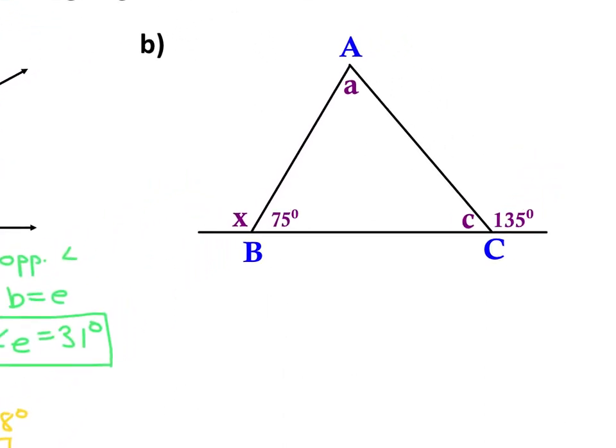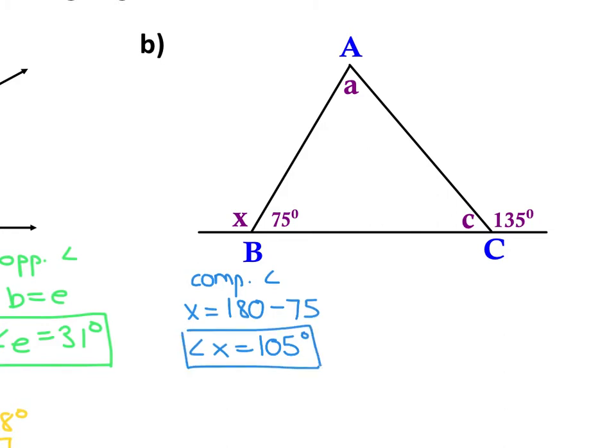Okay. In example B, they give us an exterior angle to solve for as well. But again, all we're really looking at is using complementary angles here. So for X, okay, we're going to solve by using complementary angle. So X equals 180 degrees, subtract 75. So we find out that angle X, okay, is 105 degrees.